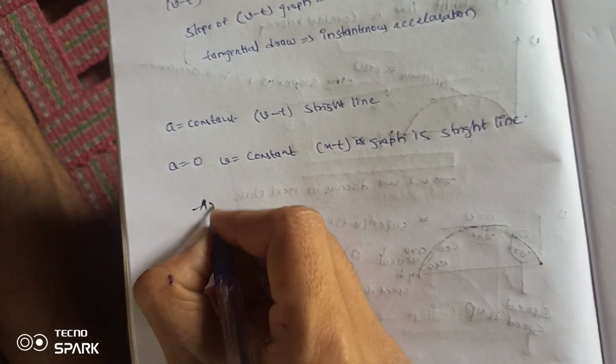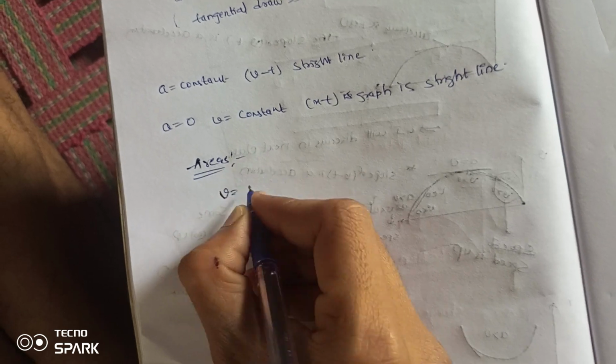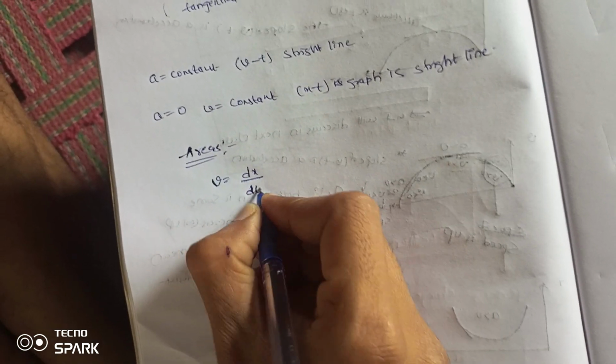Now that we have covered the graphs, let us look at areas. Velocity is the rate of change of position with respect to time.